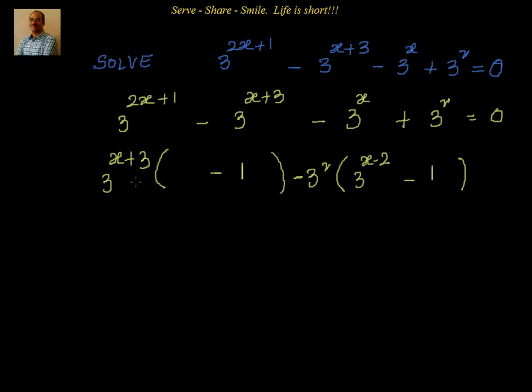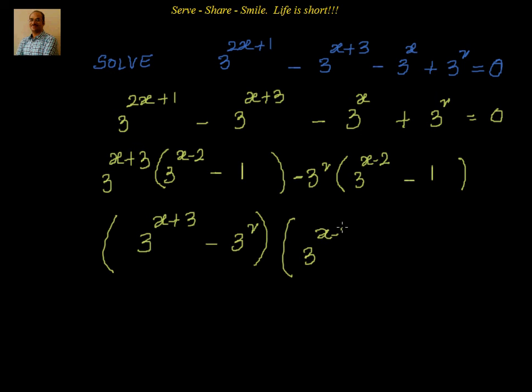And you will also cross check that 3 power x plus 3 into 3 power x minus 2 is equal to 3 power 2x plus 1. So I can write it as 3 power x minus 2 minus 1. So this is nothing but 3 power x plus 3 minus 3 square into 3 power x minus 2 minus 1 is equal to 0.